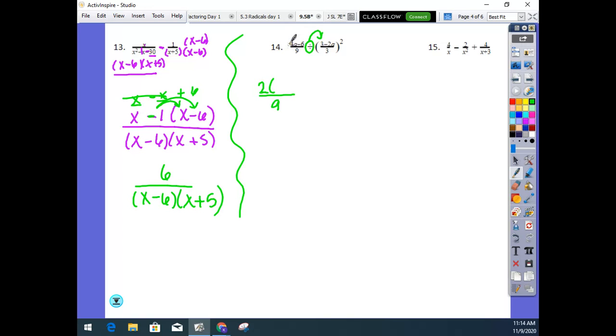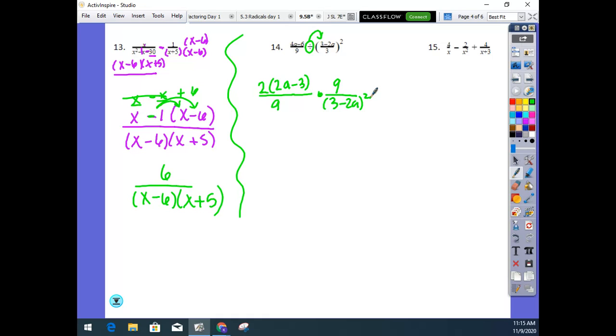If I divide both my numbers by 2, I get 2a minus 3. I'm going to change to multiply by the reciprocal. Well, I'm going to put 3 squared, which is 9, on the top. I'm going to put 3 minus 2a squared on the bottom.